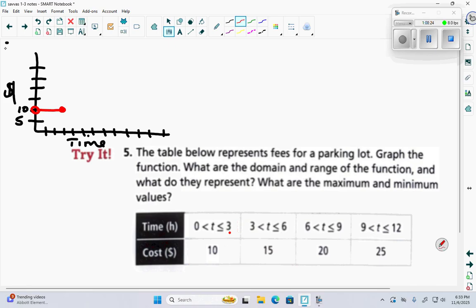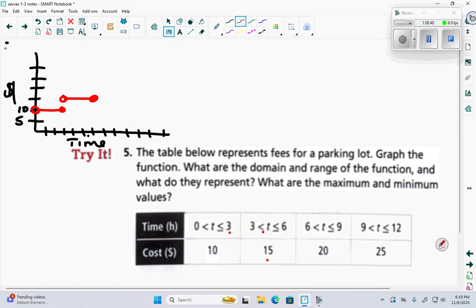Now I'm going to do it again for the 15. So at 15, I have an open circle at 3. So 10, 15, open circle at 3. And then I'm going over to 6. So 3, 4, 5, 6. And this one had a closed circle. And I'm making my step function. And that was for 15.